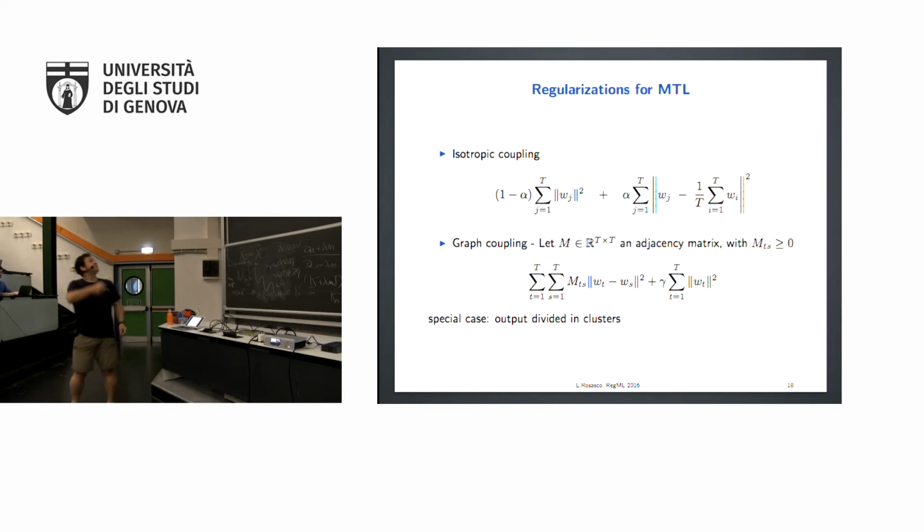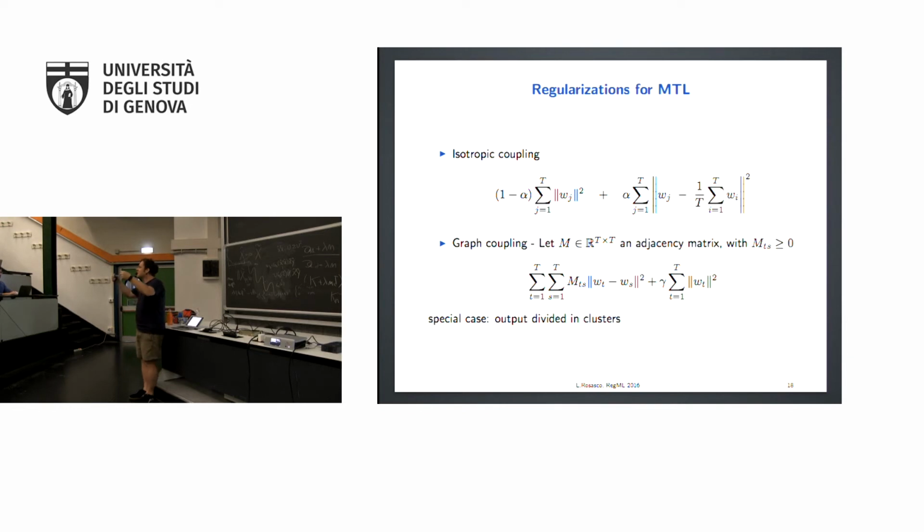Well, what's written here is, again, I penalize each task. Each task should be simple enough, okay? Then what I say is that each task should be close to another task, and how close they are depends on how much they are connected in the graph describing the task relatedness.